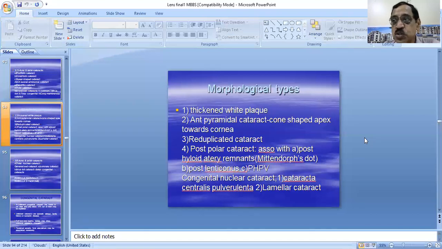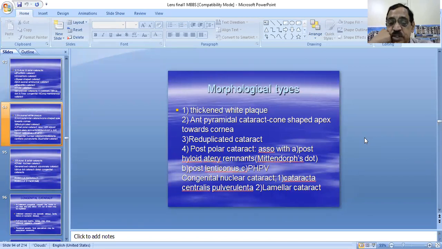As time goes on, transparent fibers will be laid between the thickened white plaque and the cortical fibers which are already opacified, pushing the opacified cortical fibers underneath, and it will be an imprint of the thickened white opaque capsular opacity. Both put together make a reduplicated cataract. I think it can be given as a short notes question for you people, maybe a two marks question.